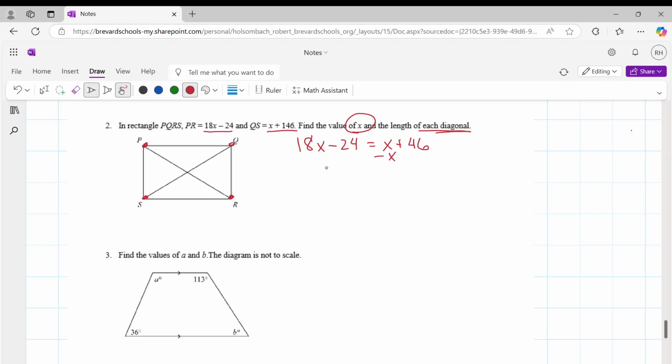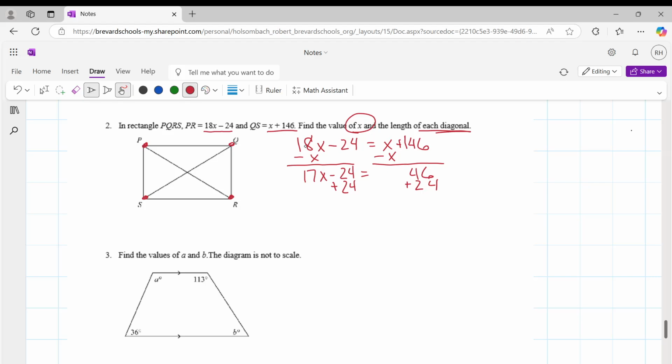So subtract x from each side. And 17x minus 24 equals 46. Add 24 to each side. I'm sorry up here, guys. This is an x plus 146.